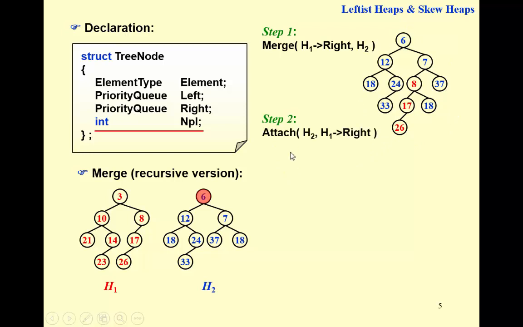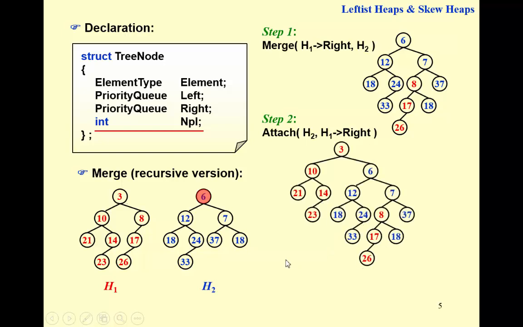The next step is to attach the new H2 to be the right subtree of H1. And here we go. Just by looking at this tree, we can realize that obviously it is not a leftist heap, because the null path length of this root is larger than the null path length of this root.